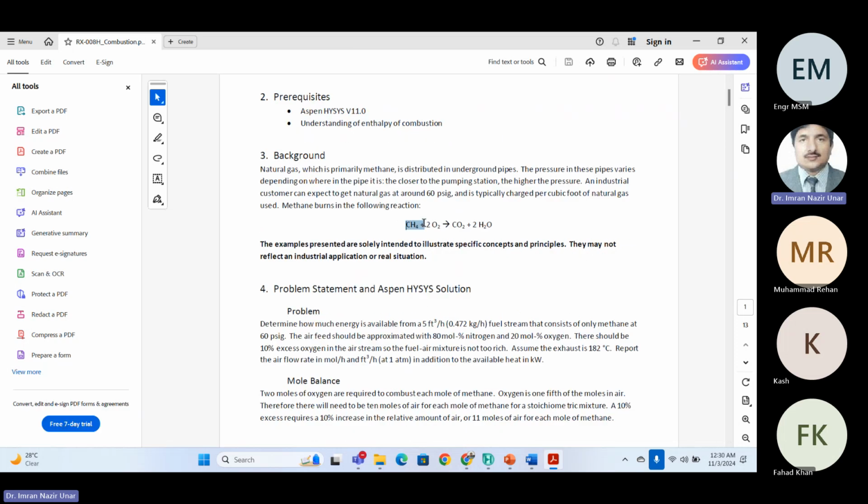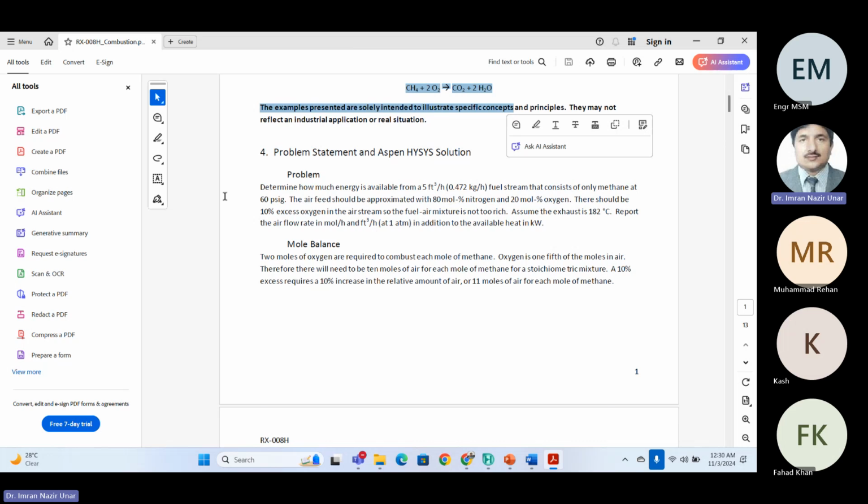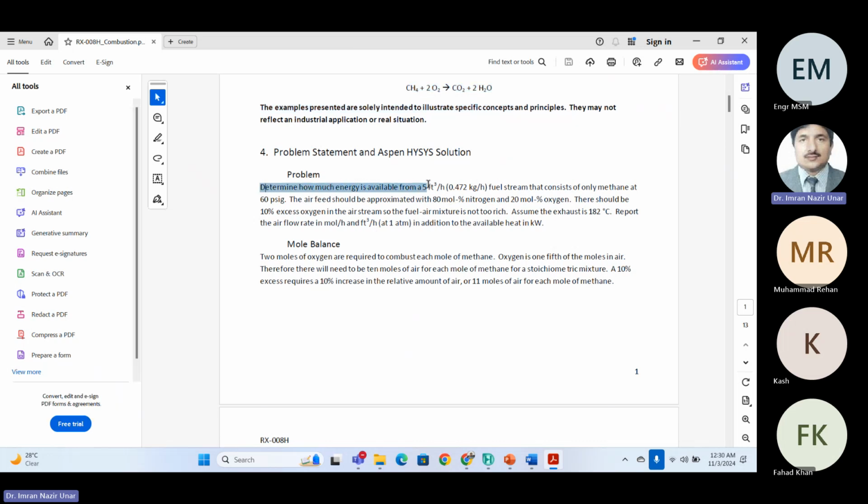Similar reaction you can see, methane combustion reaction is defined, and it created some problem definition: determine how much energy is available from 5 feet cube per hour of fuel stream that consists of only methane at 60 psi. This is the kind of problem that sometimes your boss can say in industry, okay, we have this much gas, so how much energy can we get.